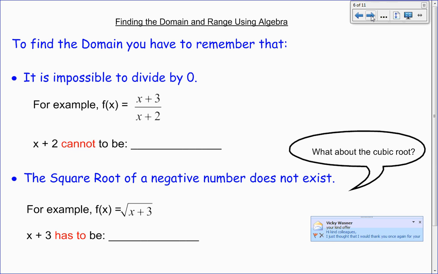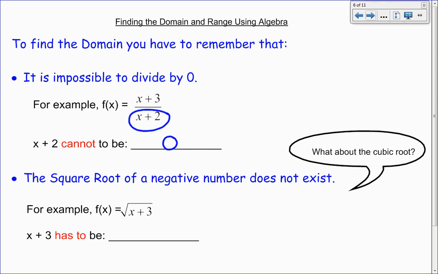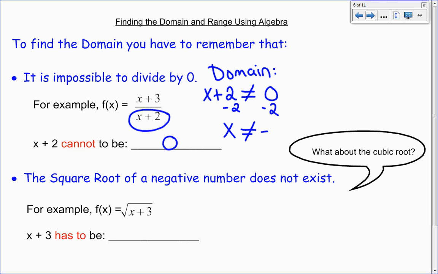If we're given a fraction as our function, a rational function, we need to take a look at our denominator and think, okay, x plus 2 cannot be 0. So if we're finding our domain, x plus 2 can't be 0, we can subtract 2 from both sides, which gives us x cannot be -2.